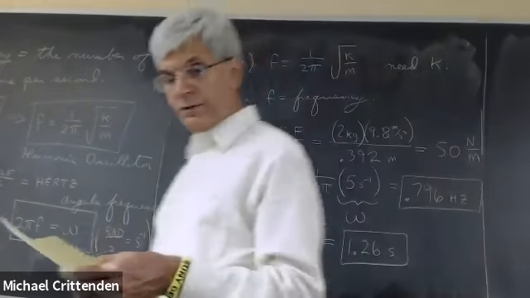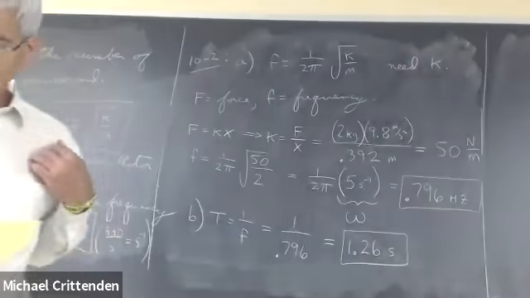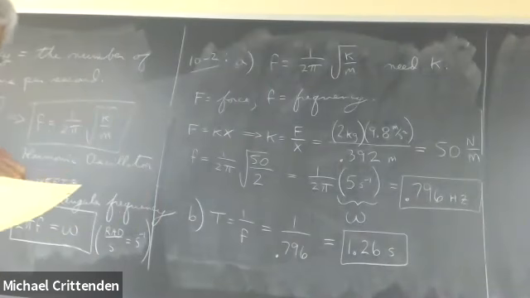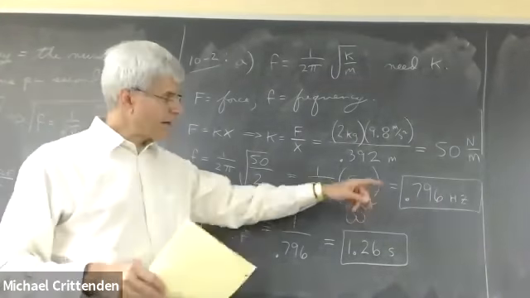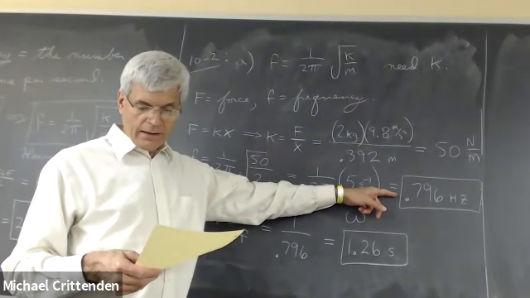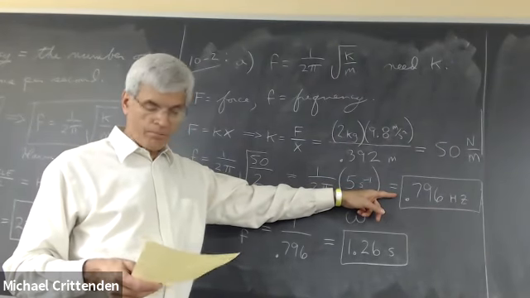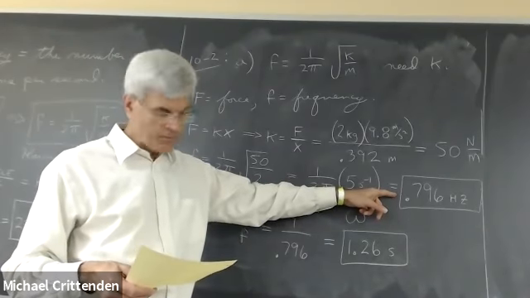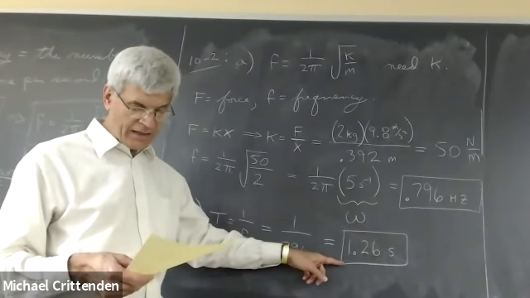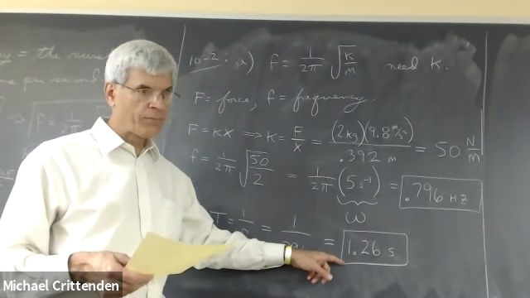Roughly 1 1/4 seconds. What this means, once again, is that in 1 second, it gets just under 0.8 of the way through 1 vibration. 1 vibration takes 1.26 seconds.